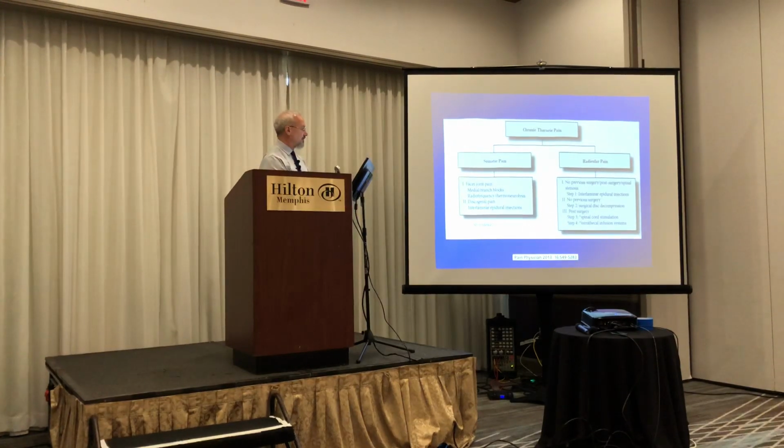If we're dealing with a somatic pain process, we can consider medial branch nerve blocks or radiofrequency neurotomy. Discogenic pain, interlaminar thoracic epidural injections, because the evidence is good to fair. For radicular pain with no prior surgery, we can do interlaminar injections.